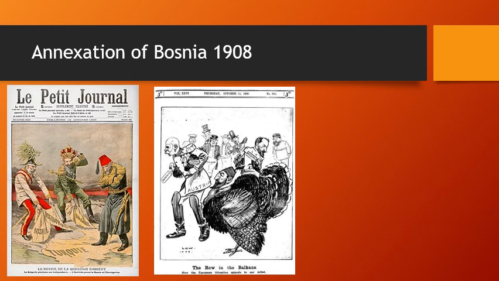It was sort of a trustee arrangement, but by 1908, unilaterally, Austria-Hungary, reflecting its ambition to conquer the entire Balkans, claimed annexation and brought Bosnia-Herzegovina into its sphere.